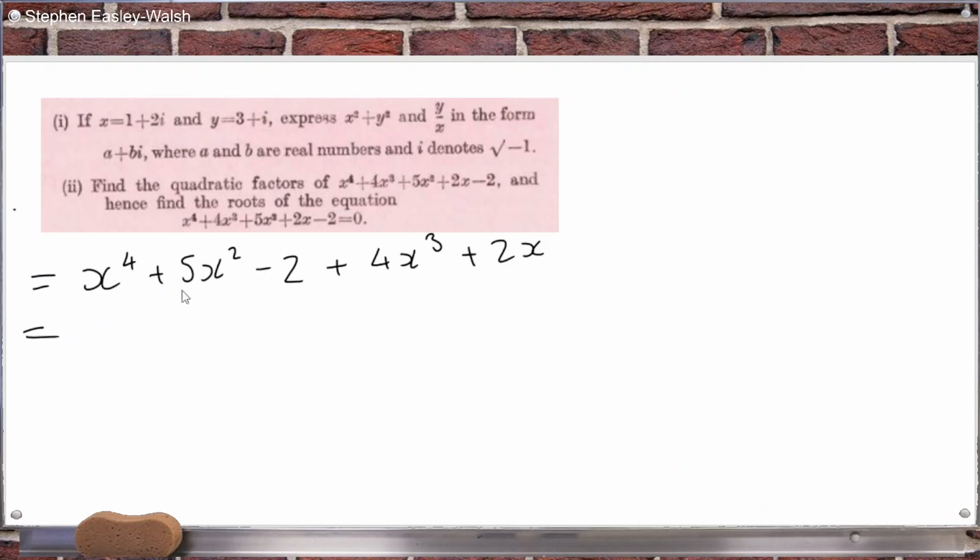I don't think I can factorize this to get this because of the 2, but I wonder if I can do something a bit sneaky with the 2. I don't know. This one's a tricky one. I wonder if there's a long division.